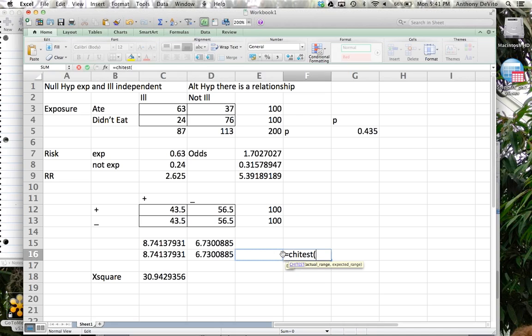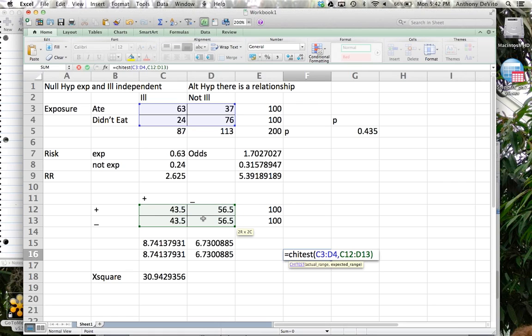It asks you first for your actual range, your actual values, and your expected values before you actually do the test. So our actual values is the first thing it wants, and I'm just going to highlight those four boxes, put in a comma, and then tell it the expected values. These are my expected values.